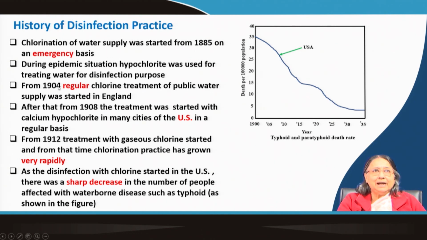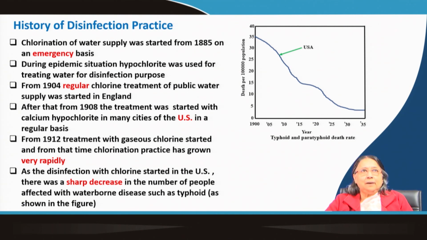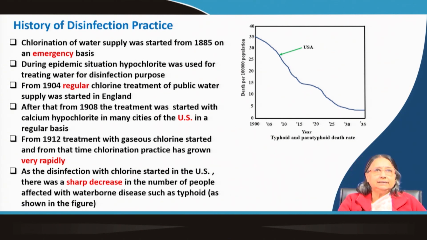And from 1904, regular chlorine treatment of public water supply was started in England. So, it was no more on an emergency basis, regular treatment was started. After that, from 1908, treatment with calcium hypochlorite was started in many cities of the US on a regular basis.